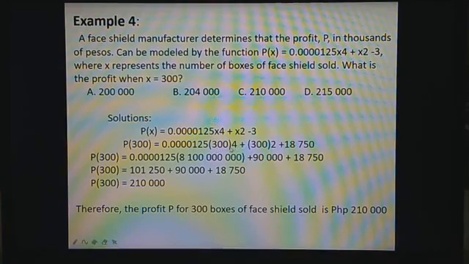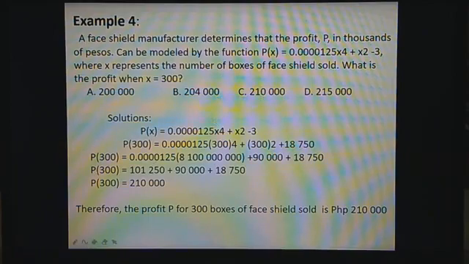So 300 raised to 4 is 8,100,000,000. Then this one, 300 raised to 2. So this is a power of 2. Meaning 300 times 300 is 90,000, plus 18,750.